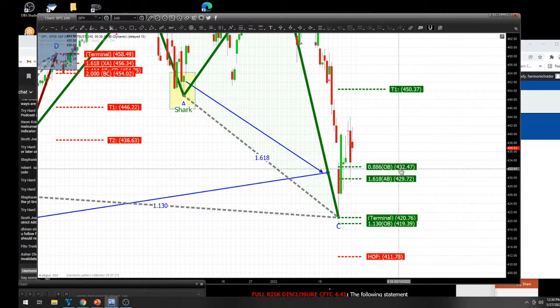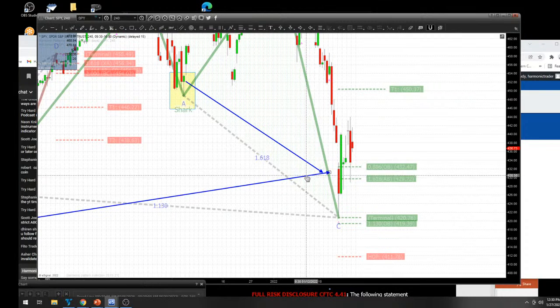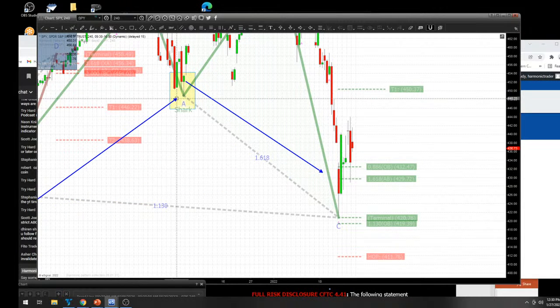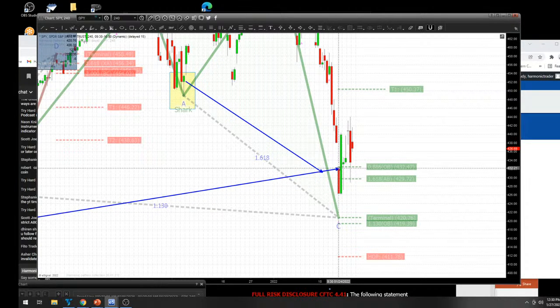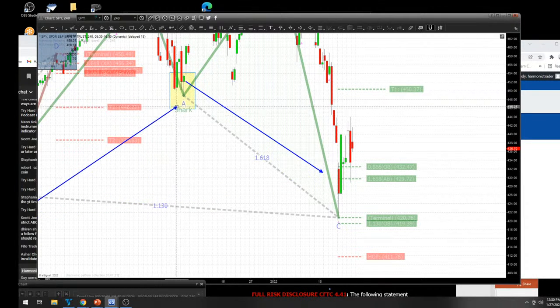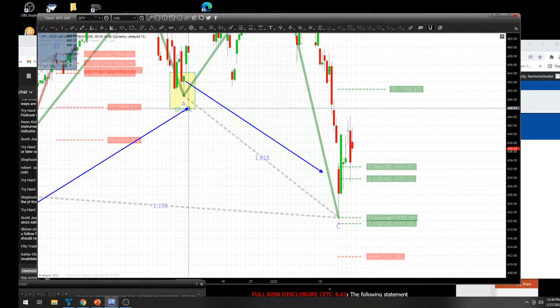Now, this also helps to clarify, how do I know when to use the 886 or the 113? It all depends on your 1.618. So, got to get the 886 and 1.618 right. It relates back to that retracement as well, but without needing to be labeled.